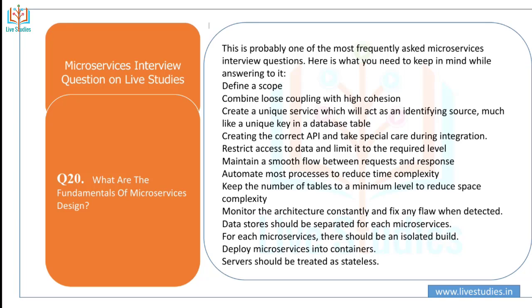Monitor the architecture constantly and fix any flaws when detected. Data stores should be separated for each microservice. For each microservice, there should be an isolated build. Deploy microservices into containers. Servers should be treated as stateless.